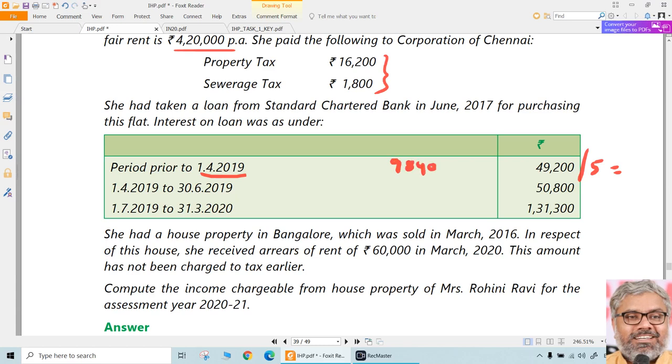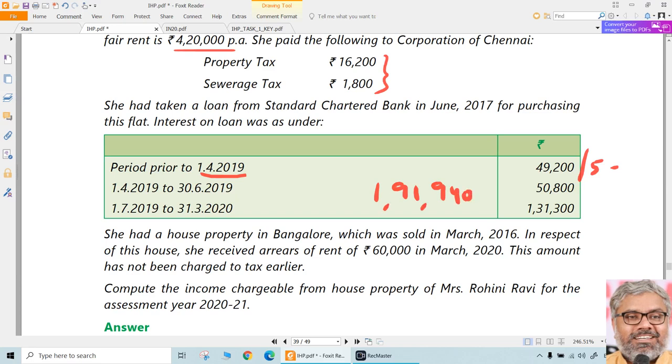And post-construction interest during the previous year is anyway given. We don't have to split it. So 9840 plus 50,800 plus 131,300. If you add all of them, the total comes to 1,91,940.